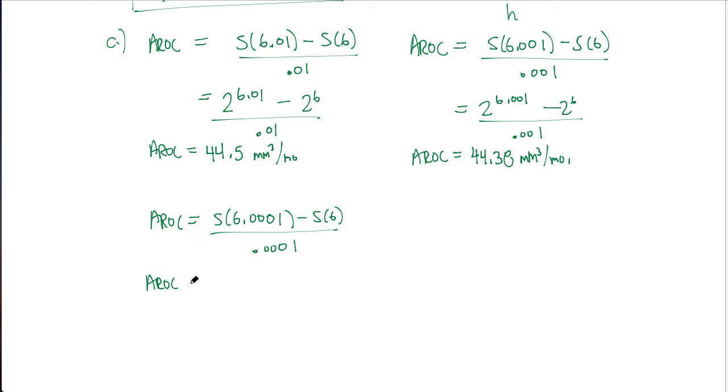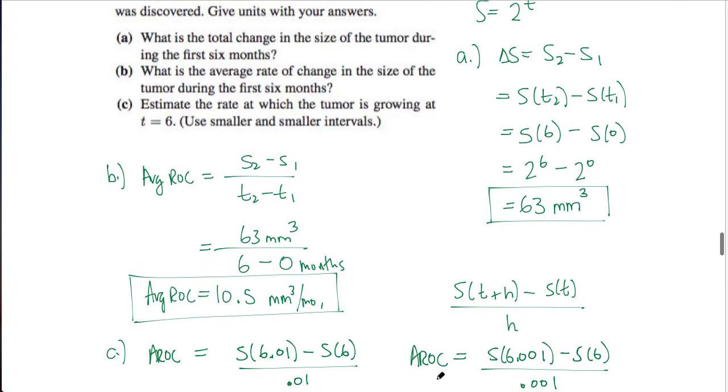This average rate of change will be 2 raised to the 6.0001, I'm sorry, there should be another 0, 3 zeros, minus 2 to the 6 over 0.0001. So this average rate of change will be 44.36.